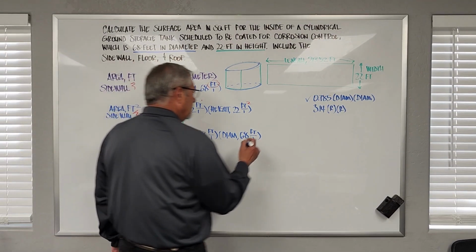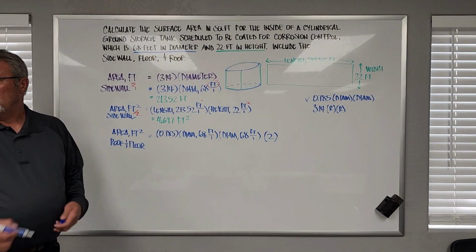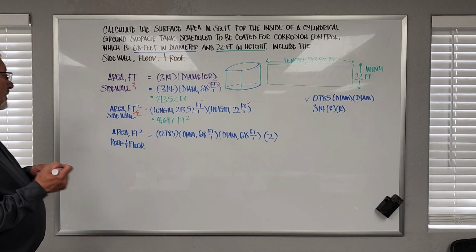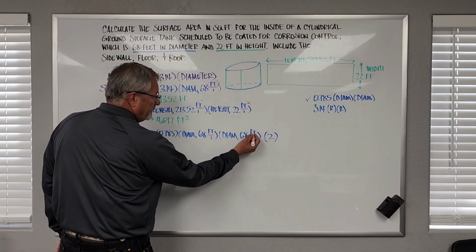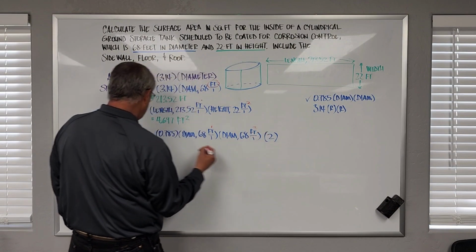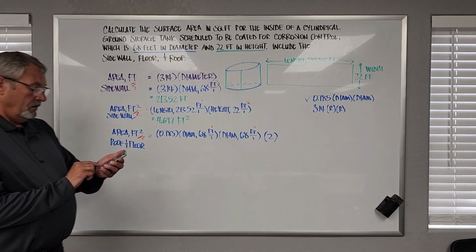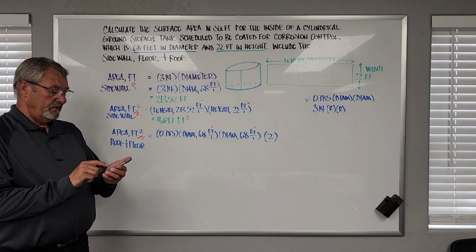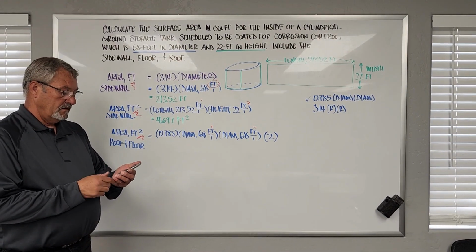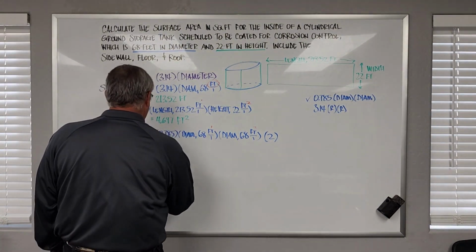But if I multiply this by 2, I'm gonna get both of them at the same time. Can I cross cancel anything out? I've got foot over the division line here, foot over the division line here. No. So there's one of them, there's another one. I'm looking for square feet. Nothing to cross cancel. I'm gonna take 0.785 times 68 times 68 times 2 of these things. And I'm going to get 7,260.